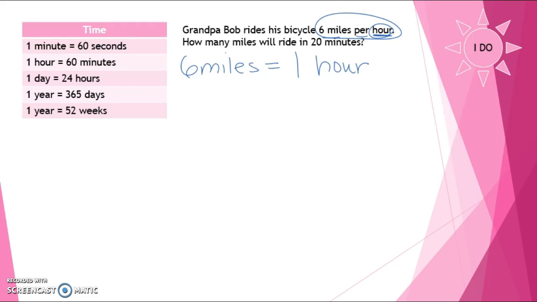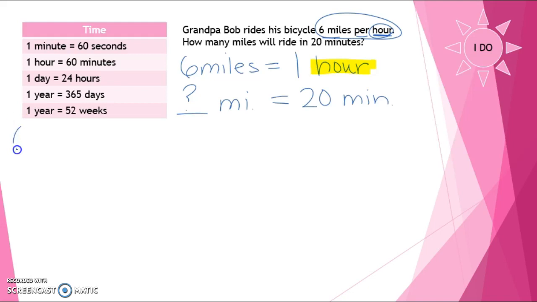How many miles will he ride in 20 minutes? So he rides 6 miles per hour, but we want to know how many miles, this is the abbreviation, he will ride in 20 minutes. Well, what do I need to do? Well, first, I need to convert this hour to minutes so that I can understand what I need to do after that.